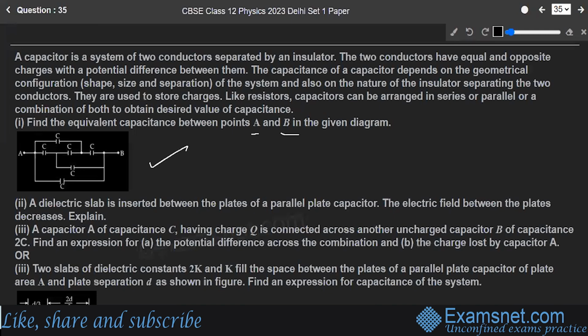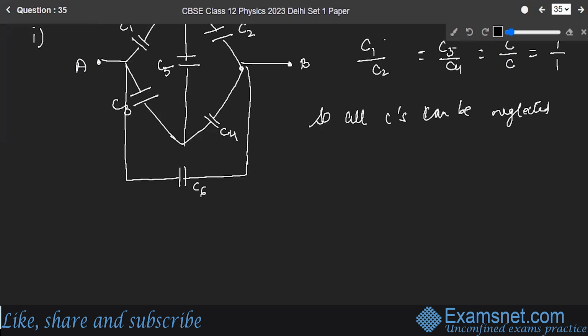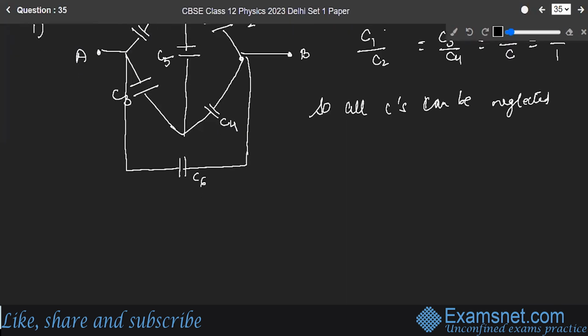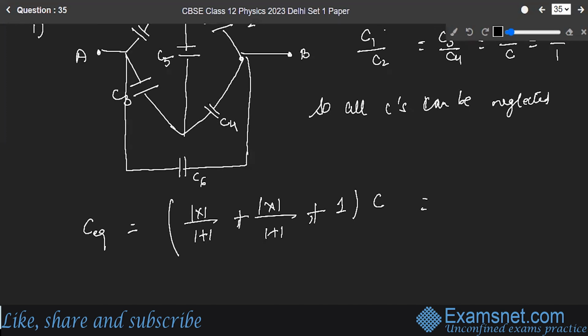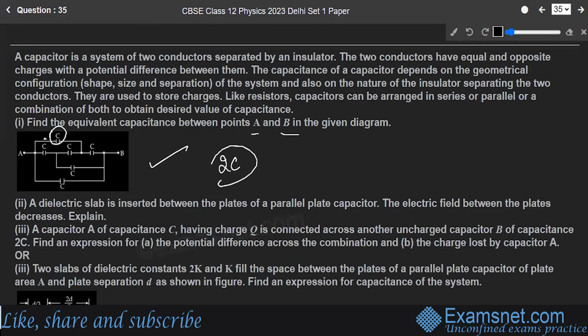They were all equivalent to C. So that is why it is C upon C. Now all C's can be neglected so that the equivalent capacitance will be equal to (1 into 1 upon 1 plus 1) plus (1 into 1 upon 1 plus 1) plus 1 C. So this will be equal to 1 by 2 plus 1 by 2 plus 1 C. This will be equal to 2 C. So this is the net equivalent capacitance, 2 C.